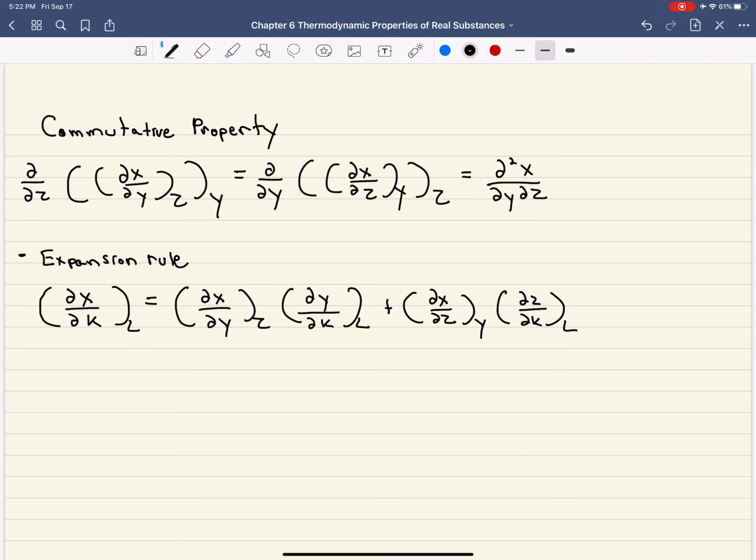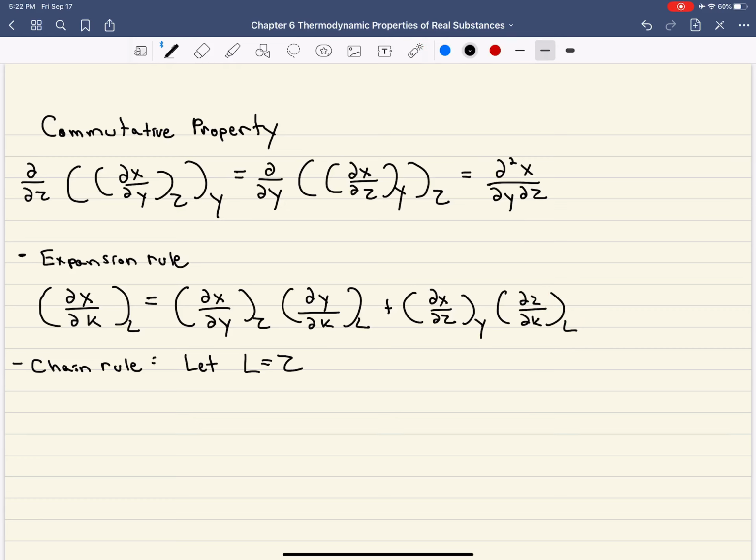And then there's a special case of the expansion rule called the chain rule, which you've seen before. But in this case, what we're doing is we're letting L equal z. All right, so L here is going to be equal to z.